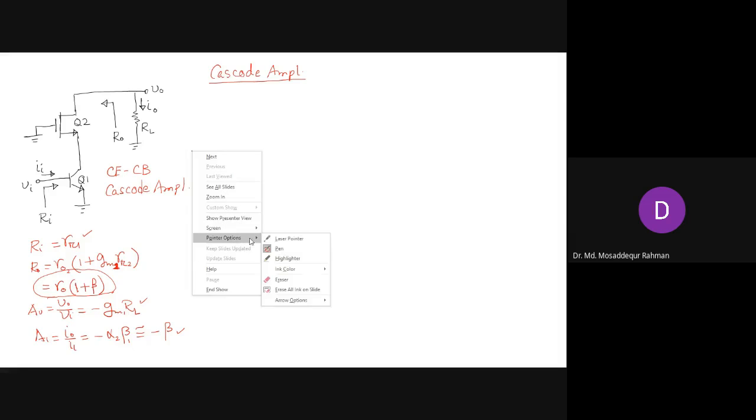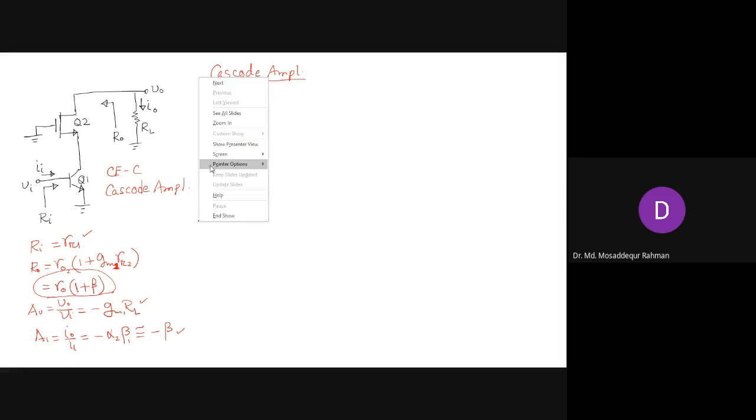So this one now is a common emitter, and what do we call it? This will be common emitter, common gate.